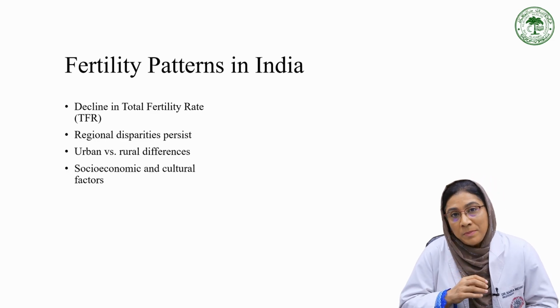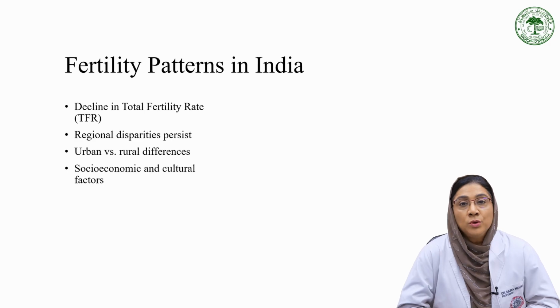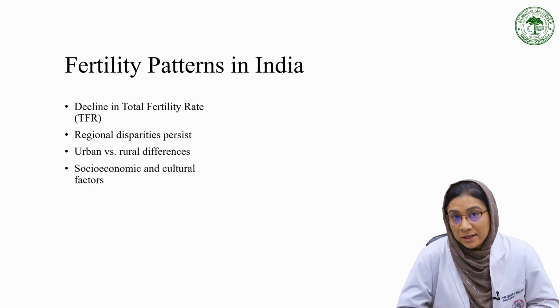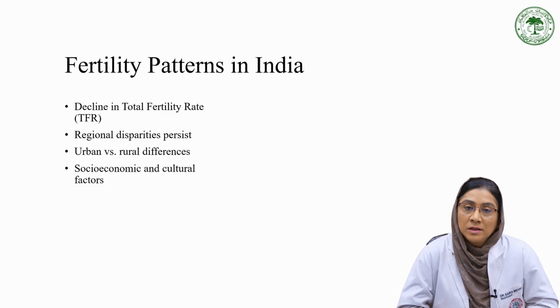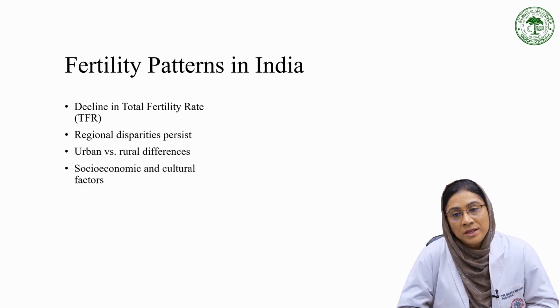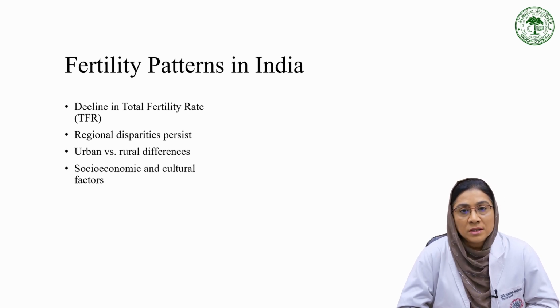India's fertility patterns have changed significantly in recent decades. The total fertility rate has declined nationally, but wide regional disparities remain. Southern and western states have achieved replacement level fertility, while states in the north and the east, such as Bihar and Uttar Pradesh, still have high fertility.